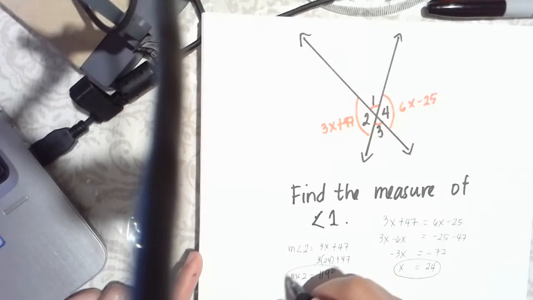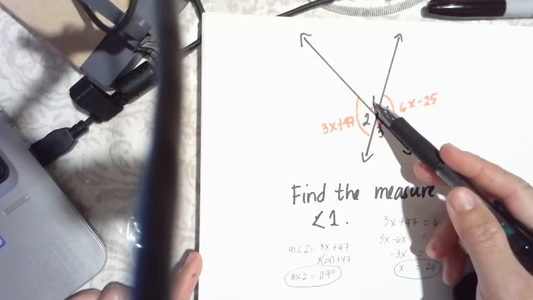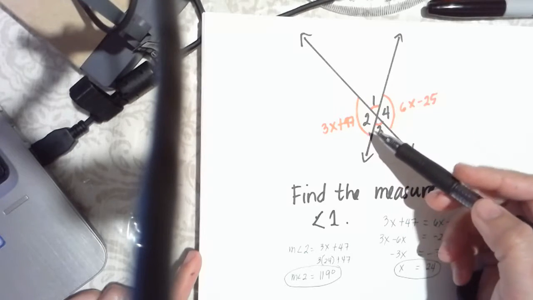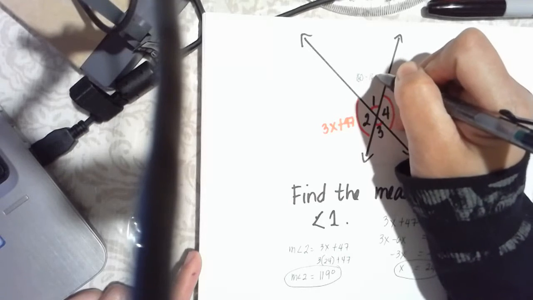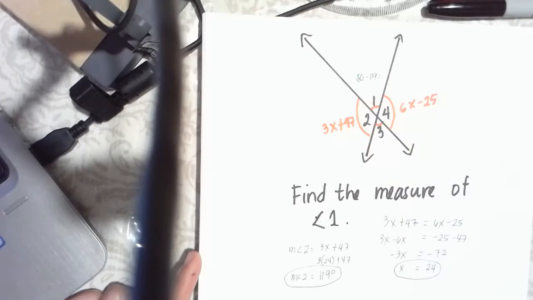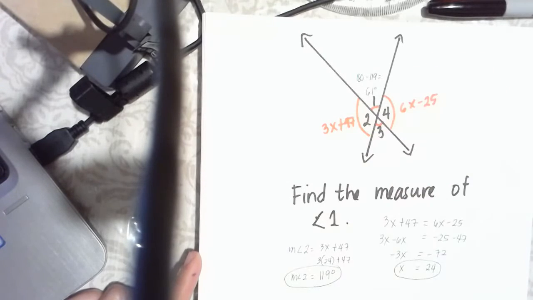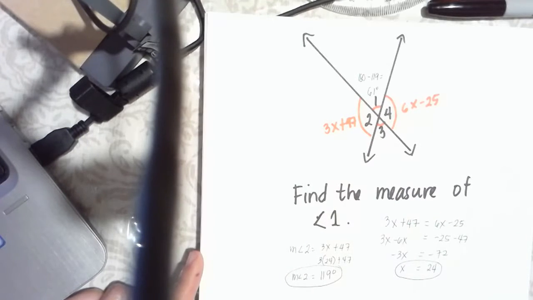But we're not looking for angle 2, we're looking for angle 1. Angle 1 and angle 2 form a linear pair and they are supplementary angles, so we need to subtract 180 minus 119, which is equal to 61. So the measure of angle 1 is 61.